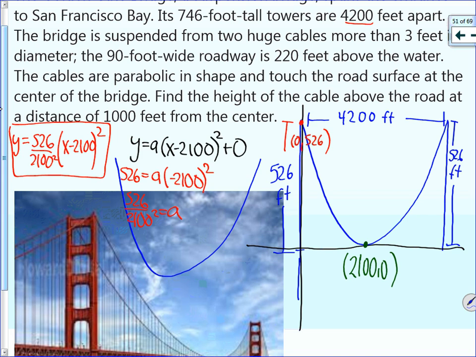Okay. So what would you plug in? You could do it two different ways. Okay, so you could do 1,100? Yeah. Or what was another? Or 3,000. Yep. So either one of those would tell you how high up you would be 1,000 feet from the center.